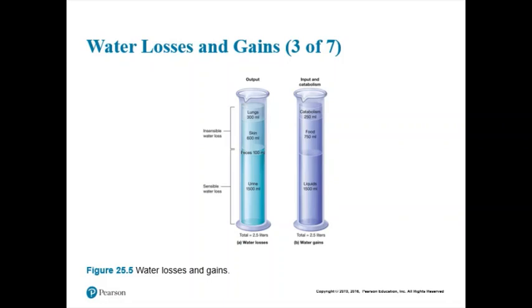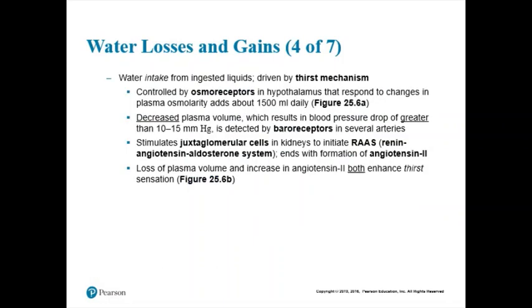So again, when you talk about water balance, you got to talk about that principle of mass balance, where you're going to have to account for what comes in, coming out. You got to account for all the ways you could get water in and all the ways you could get water out. And again, we're going to have to go into detail. We know we could get water in from ingesting it. Think drinking water. That's ingesting water.